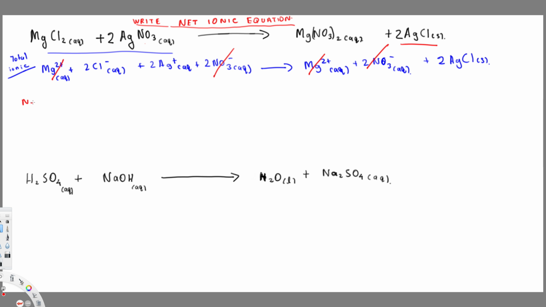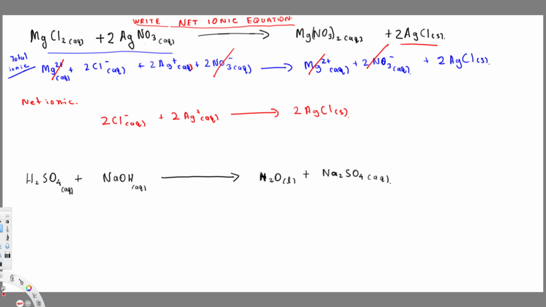So the net ionic is going to be 2Cl minus aqueous plus 2Ag plus aqueous, and then we have 2AgCl solid.